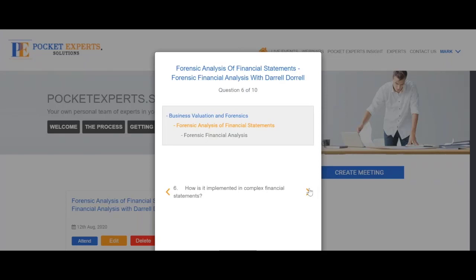So let's say that someone is given a spreadsheet of data, or let's say someone is given company expenditures on a monthly basis for 36 months. So you're only looking at, let's say, operating expenditures for 36 months. And now you're going to analyze them for purposes of, let's say, merger and acquisition analysis.